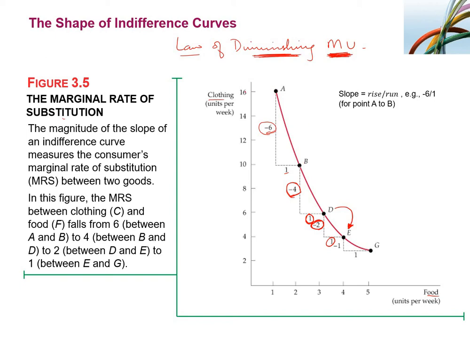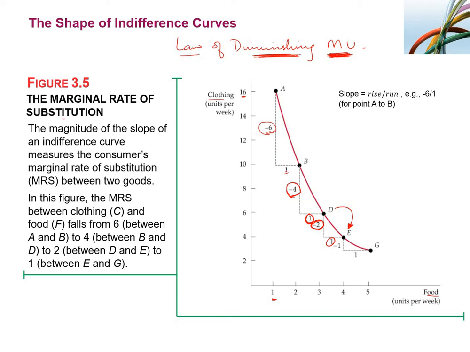Because at point A, I had a lot of clothes, 16 units of clothes, and 1 unit of food. I needed food; I had to increase my food intake. Because I was hungry, I was giving so much value to food that I sacrificed 6 units of clothes.